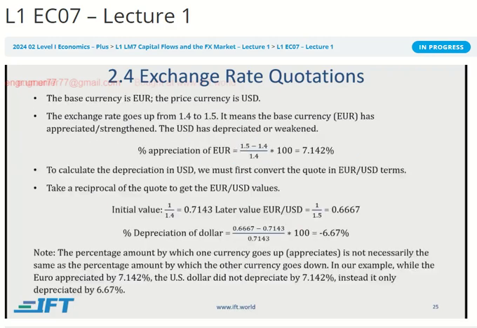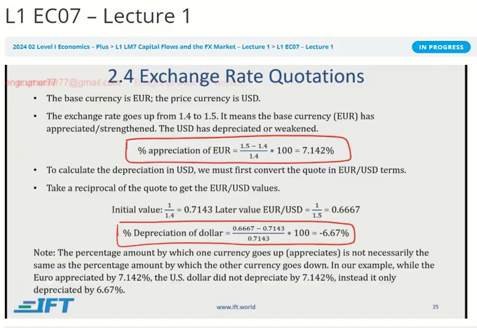But what I want to emphasize is the percentage of appreciation of euro versus the percentage of depreciation of the US dollar. And how did I calculate this? First of all, we put euro in the base and dollar in the price, and we see it has gone from 1.4 to 1.5.